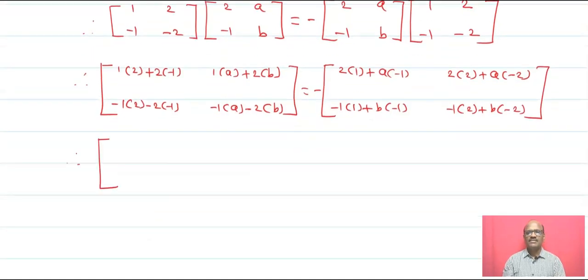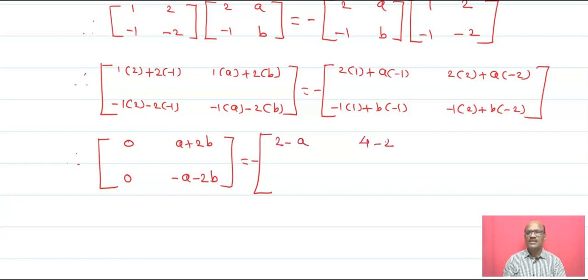Therefore, their multiplication, first is 0, a plus 2b, and next is 0, minus a minus 2b, that is 2 minus a, 4 minus 2a, minus 1 minus b, minus 2 minus 2b.